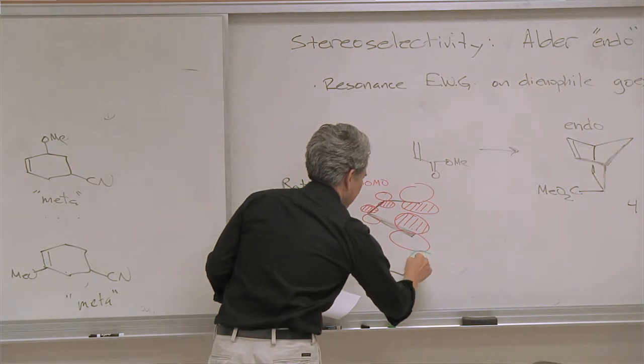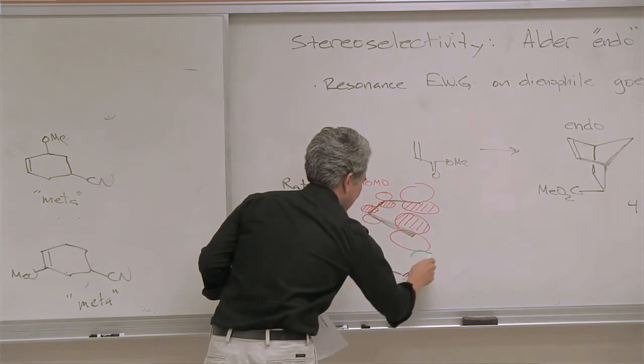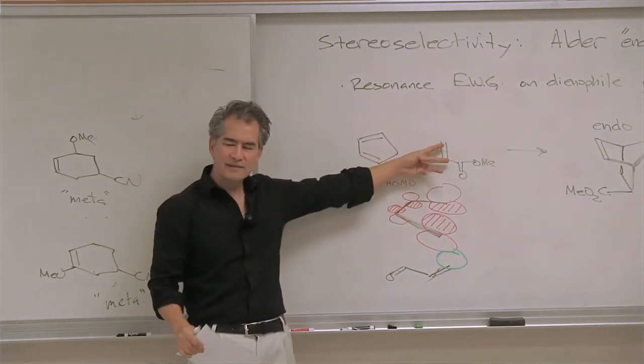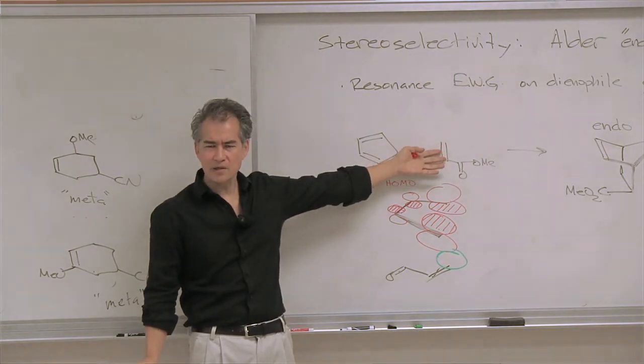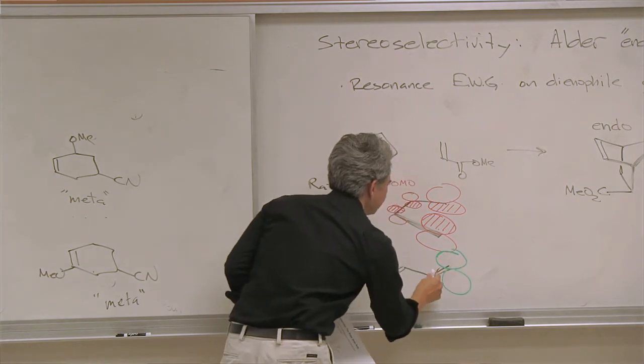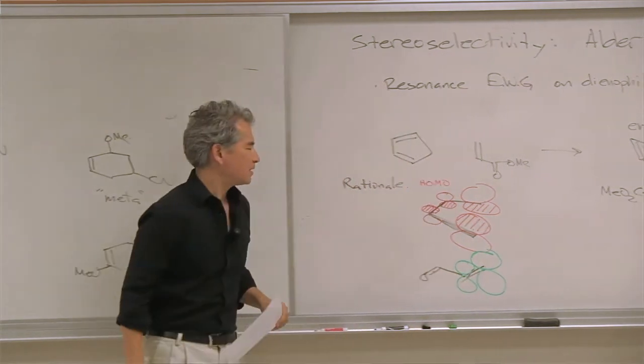And let me fix my drawing a little bit. So this is like the electrophile, the enone, so I want to draw the LUMO for that. And the LUMO is big on the end carbon, not quite as big on the alpha carbon.